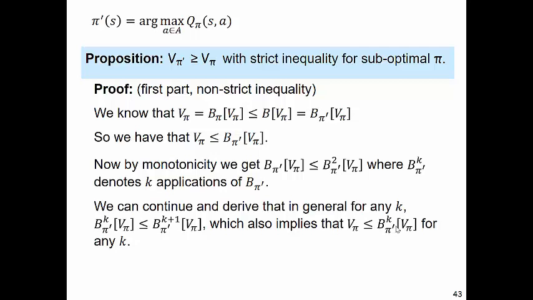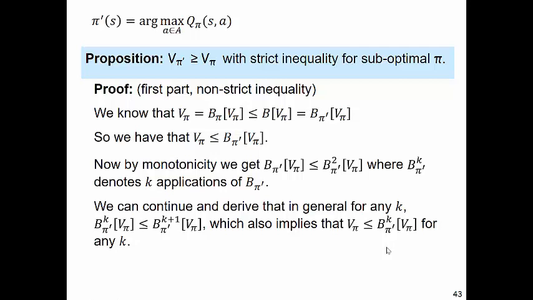So you remember the iterative policy evaluation algorithm that we talked about? That just iterates the restricted Bellman backup over and over and over for a certain policy, right? And so that's all this is doing. This is applying the restricted Bellman backup for pi prime k times. And what does that converge to? So yeah, we'll just say the value function for pi prime.